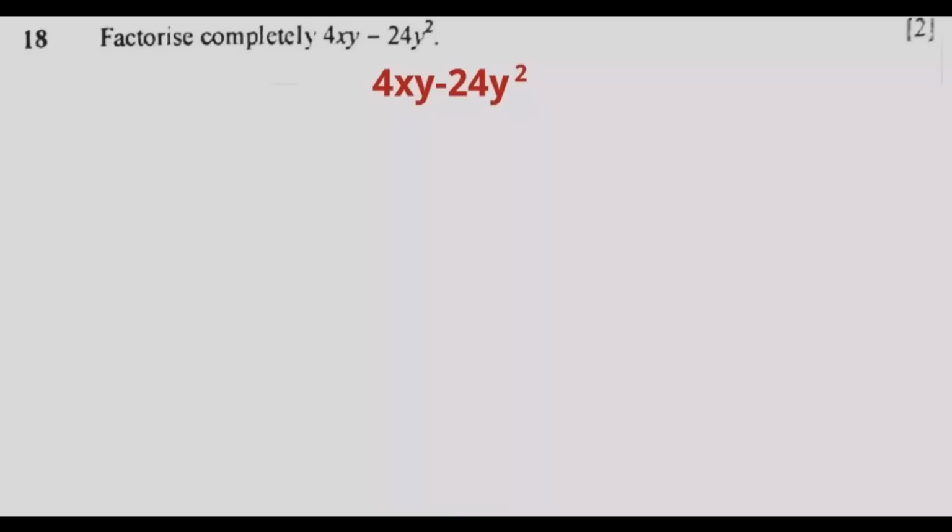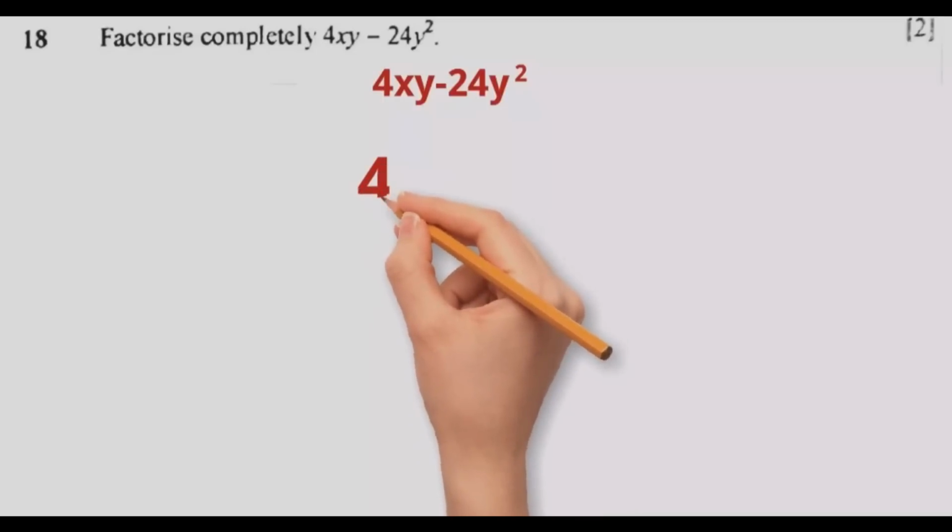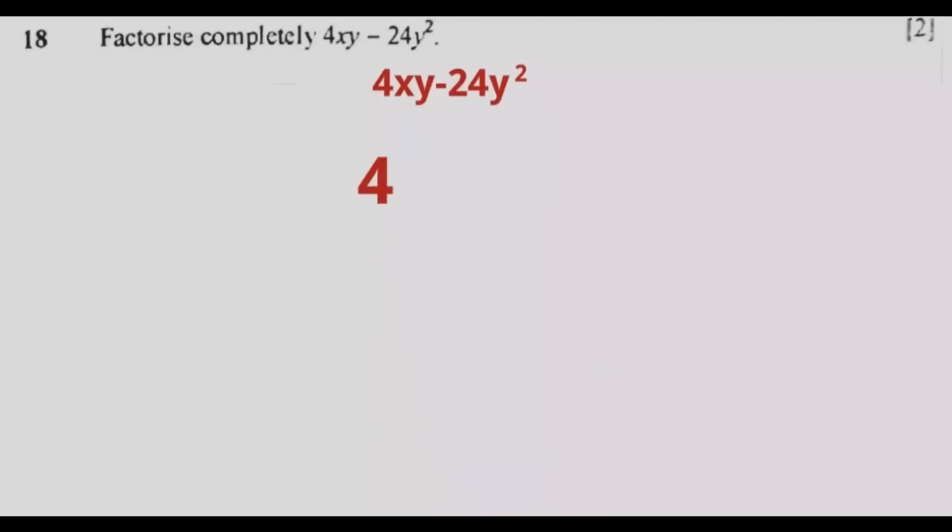Okay, so I'm going to say which number can go into 24. First I'll consider the coefficients and ignore the variables for a bit of time. What number can go into 4 and 24? That is 4 itself. So I'm going to write 4. Then I'm going to say what variable is found in the first term and second term.